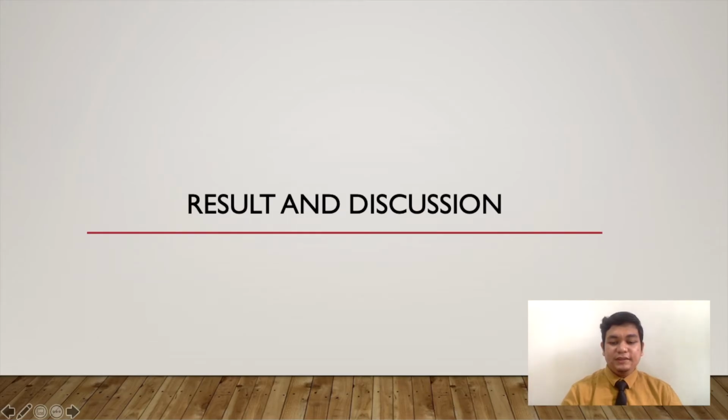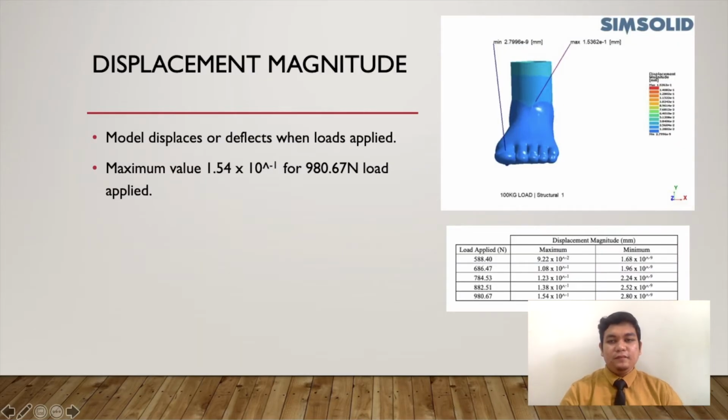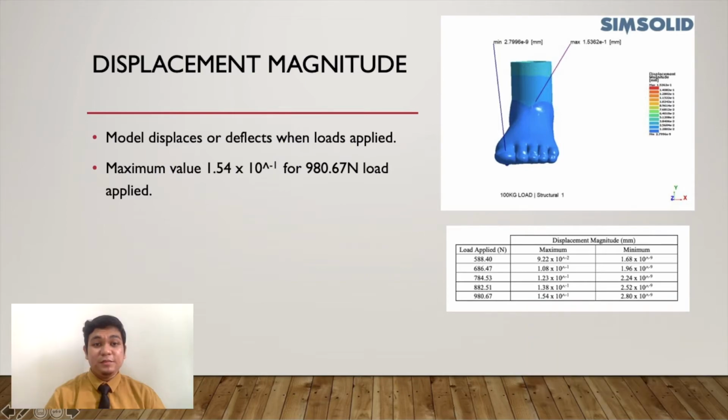For the result and discussion, this is the result from the analysis run before. It shows the displacement magnitude, which is how the model displaces or deflects when the load is applied.